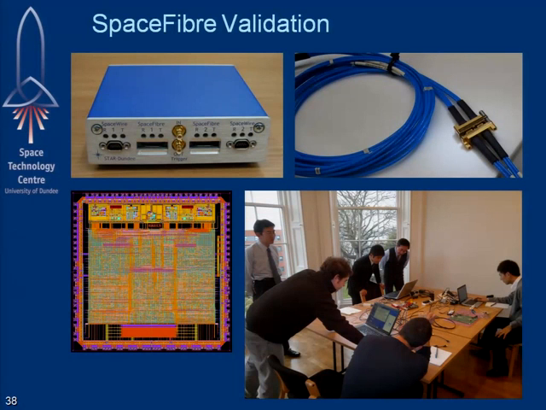This chip here is the Radix 5 test chip that's basically testing the SerDes and the other logic. The other logic's been through the radiation testing. And the other picture you can see is in our lab back in Dundee, where we're testing one of our early implementations of SpaceFibre against 2 independent Japanese implementations, and we were doing interoperability testing. And after a bit of finger trouble and getting things working, this was the result.